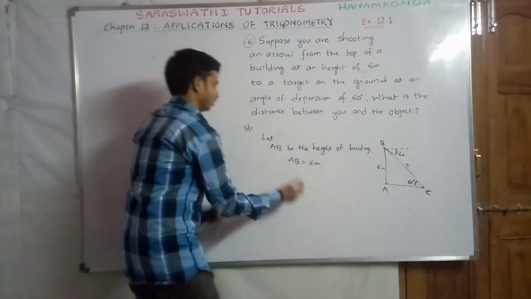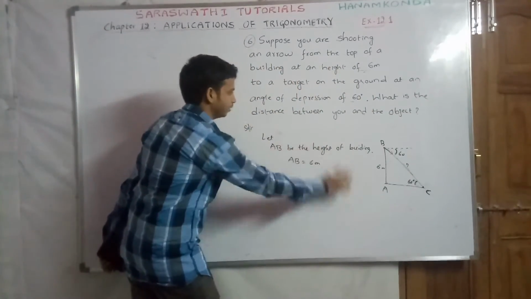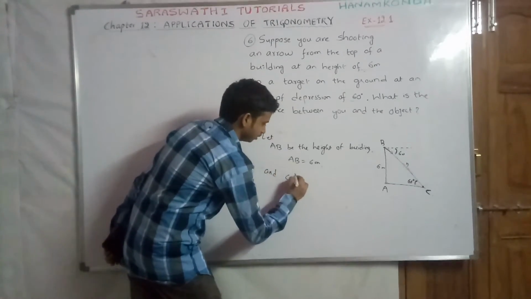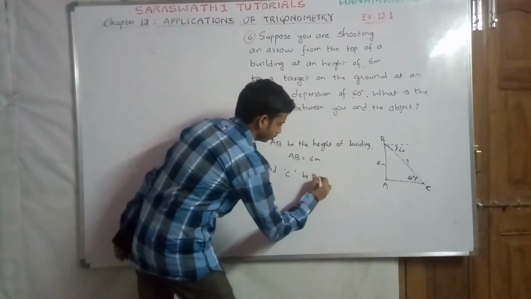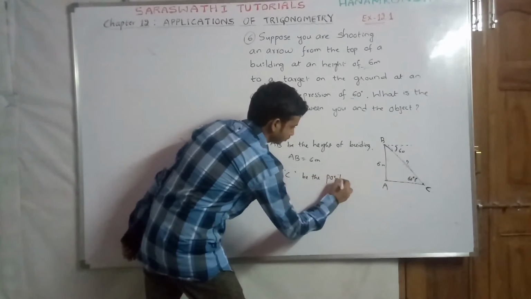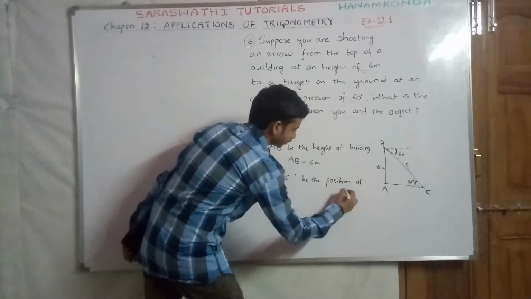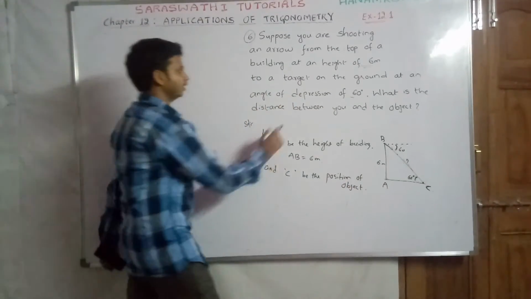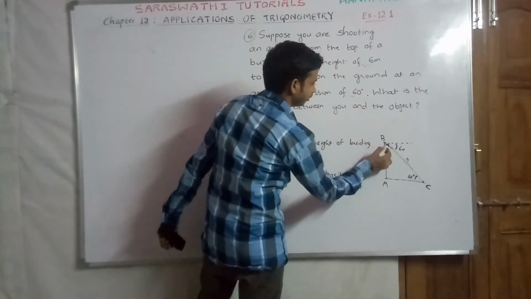So let AB be the height of the building and C be the position of the object. In the question it is asked to find the distance between you and the object.